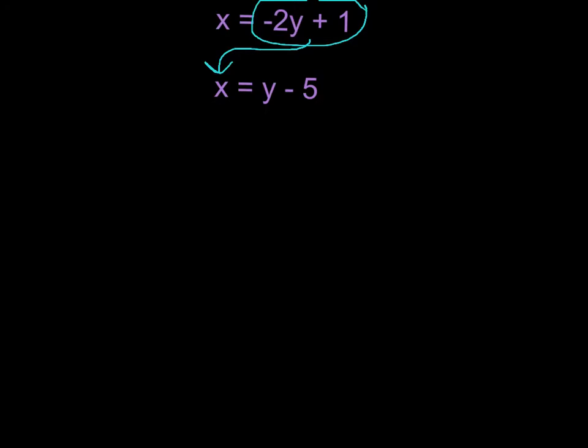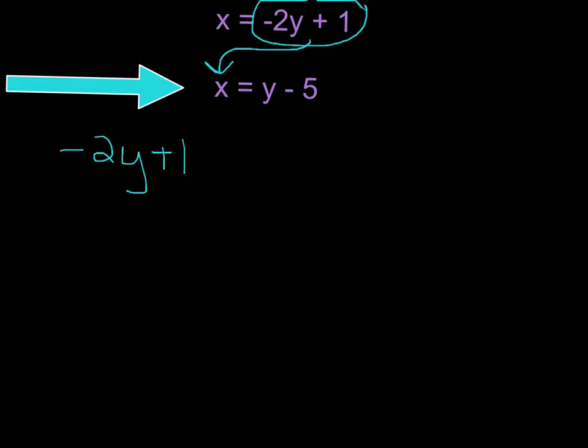So you're going to now rewrite this equation with the new substitutions in. So instead of x, negative 2y plus 1 is equal to y minus 5. When you substitute one equation in for the other, it narrows it down to only one variable, so we solve for that one variable.